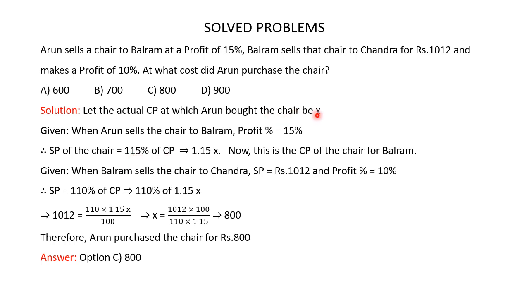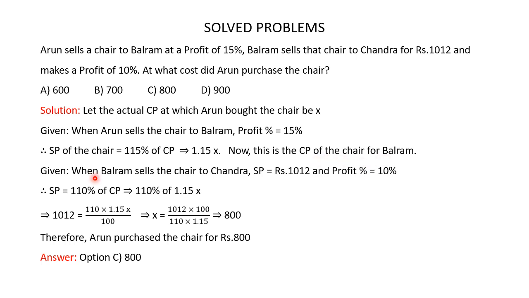Now we have assumed the cost price as rupees X. So 115% of cost price is nothing but 115% of X, which is nothing but 1.15X. Now Balram buys the chair from Arun at this price. So 1.15X is the cost price of the chair for Balram.